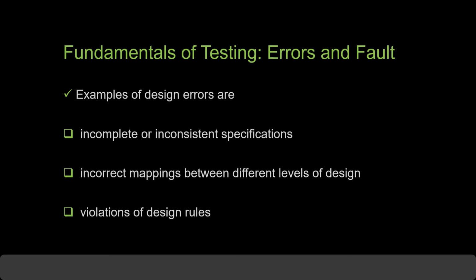Now let's move on to examples of design errors. Design errors can be incomplete or inconsistent specifications, incorrect mapping between different levels of design, or a violation of design rules.